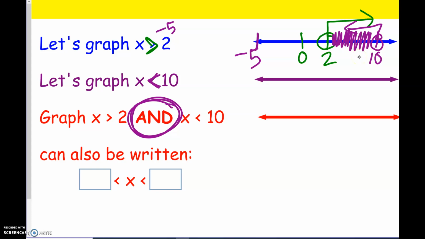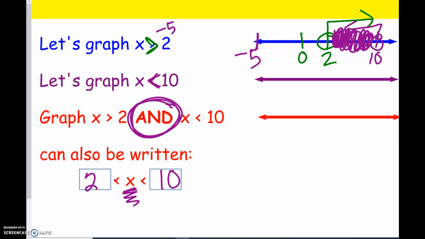Now, most often, because we know math people like to write things very concisely, short, they don't like to waste a lot of extra time. We say they're being lazy sometimes. A more efficient way of writing this is, do you see how we have the letter X in between these two numbers? If you look at this graph here, this graph is bounded by the two numbers 2 and 10. So the smallest number is 2 and the biggest number is 10.